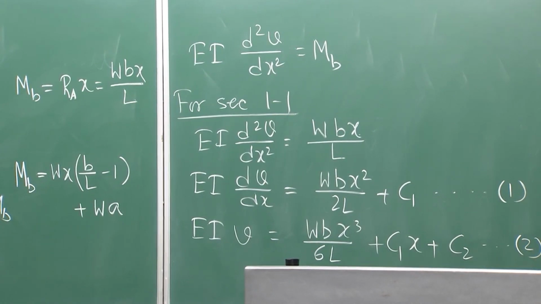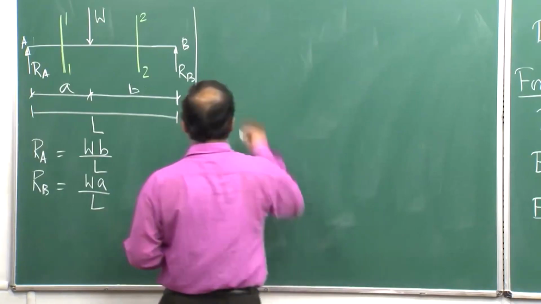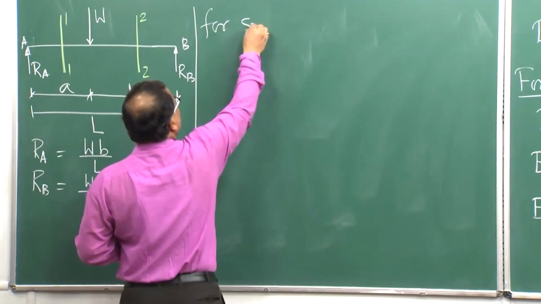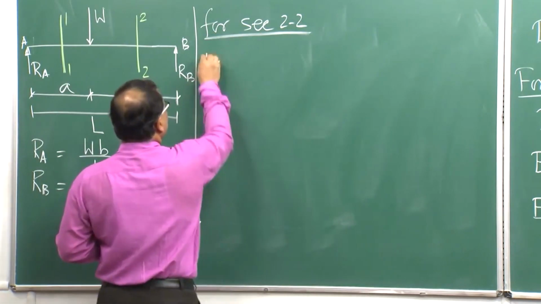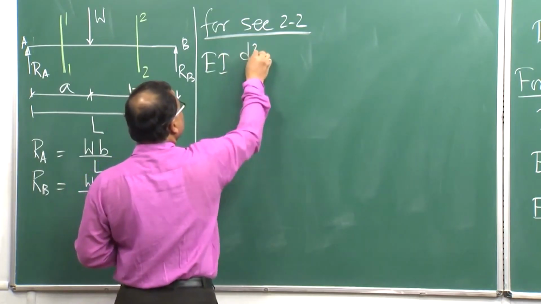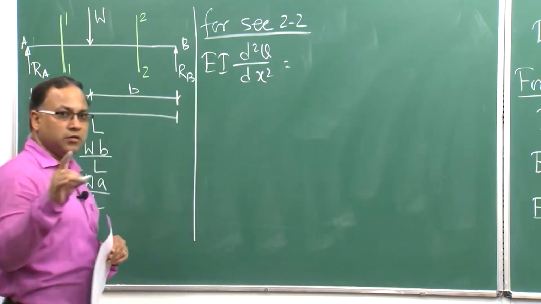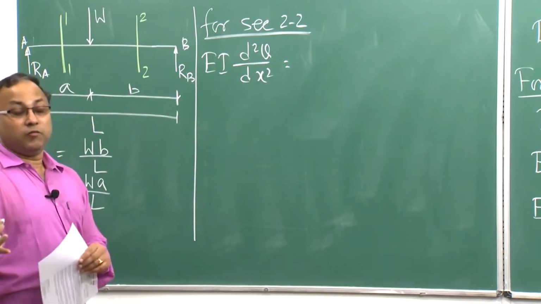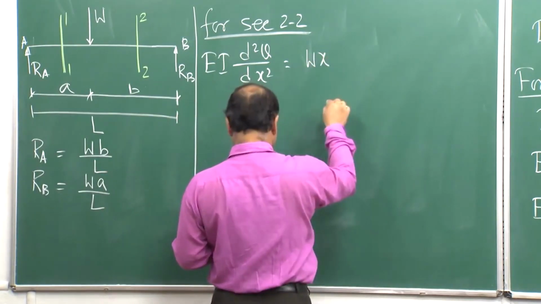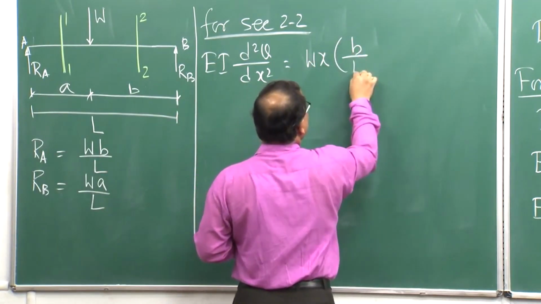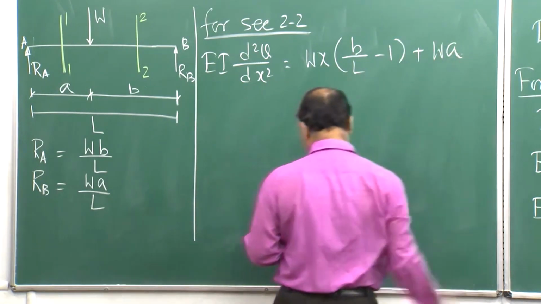Now similarly, we will do the same exercise for section 2. For section 2, EI d2v dx2 is equal to the bending moment, that is MB for section 2, please try to remember. That we have already calculated: W x b by L minus 1 plus W a.